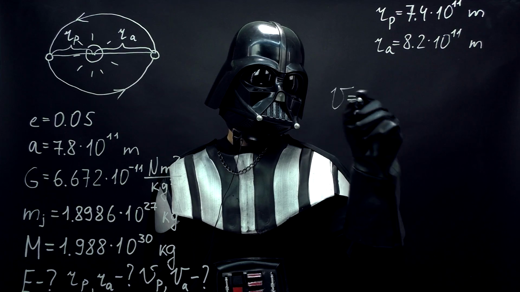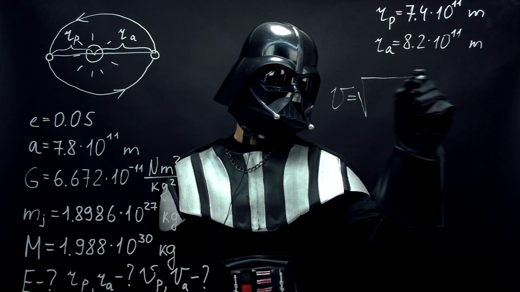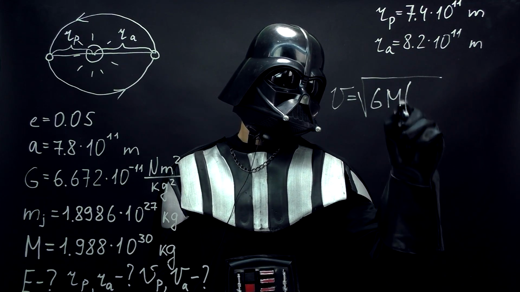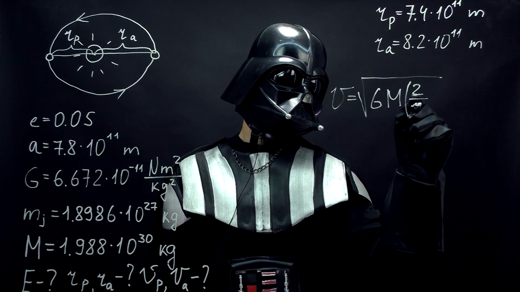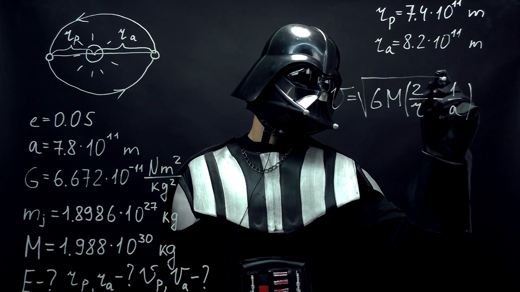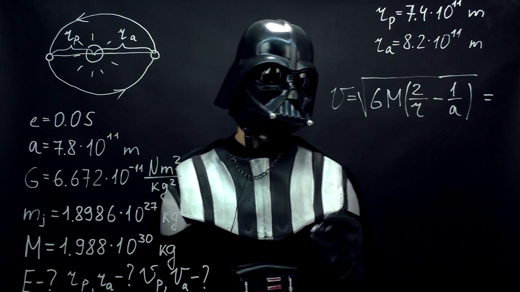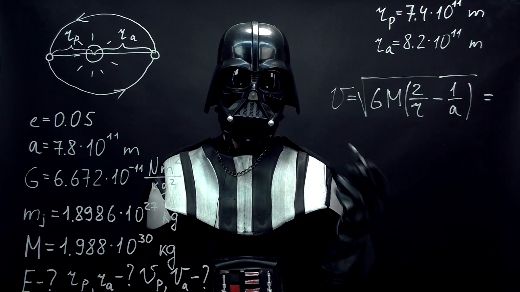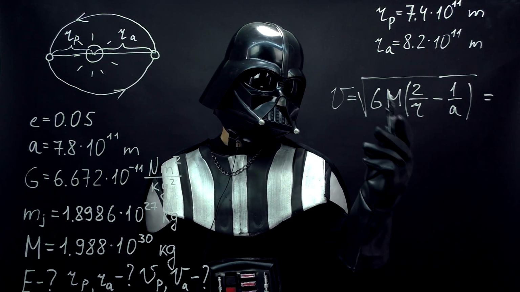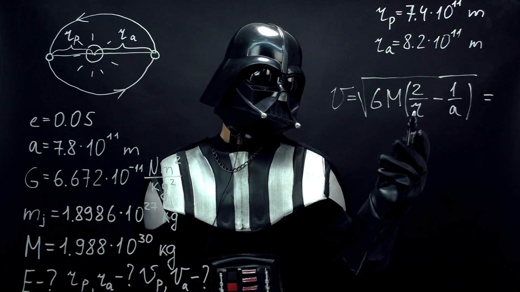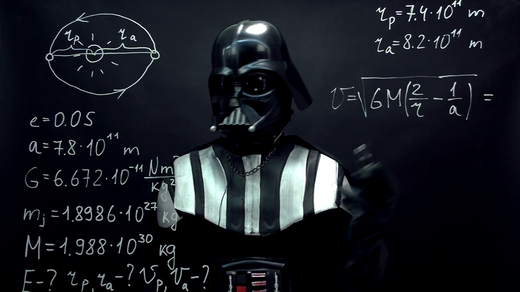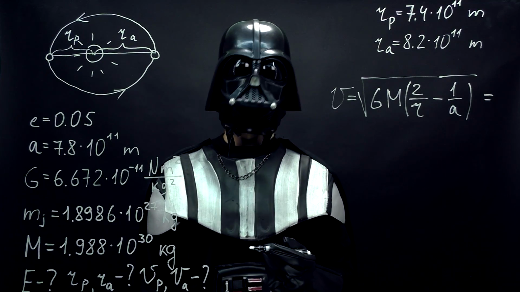The speed of the planet equals the square root of g times m times 2 over r minus 1 over a, where v is the speed at one of these points, g is the gravitational constant, m is the mass of the sun, r is perihelion or aphelion distance, and a is a semi-major axis.